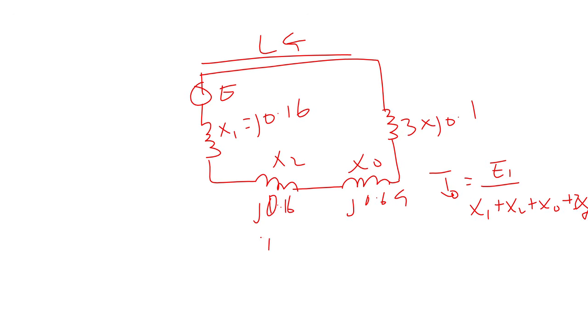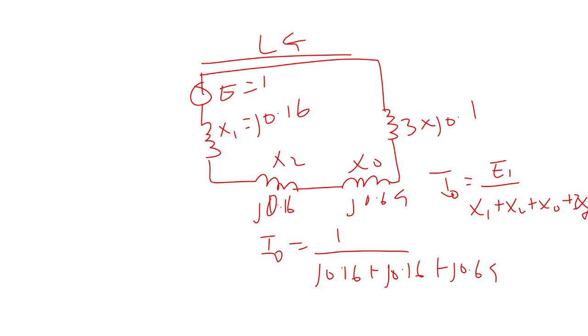So let's find that. I0 is equal to 1, because it's in per unit, over j0.16 plus X2 which is j0.16 plus X0 which is j0.69 plus 3 times this, which is j0.3. So you find I0 will end up being minus j0.524.